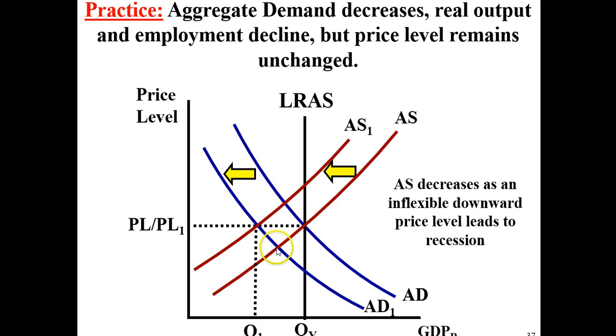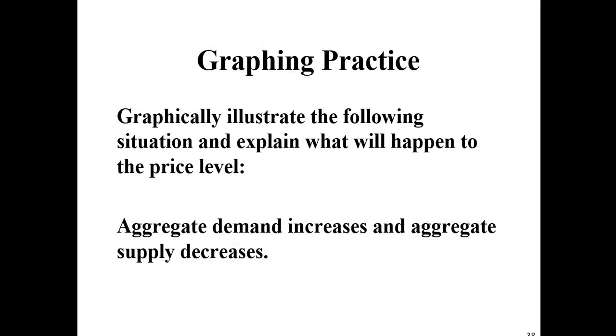So normally they would go down, but the assumption here is that we have an inflexible downward price level. It's not going to happen. So the only thing that could explain that price level remaining the same then is a decrease in aggregate supply, which is also the beginning of a recession generally.